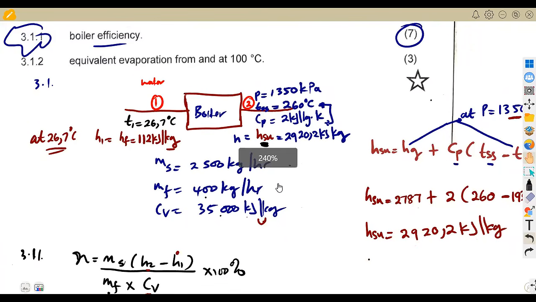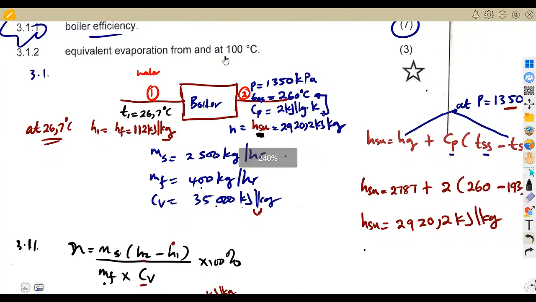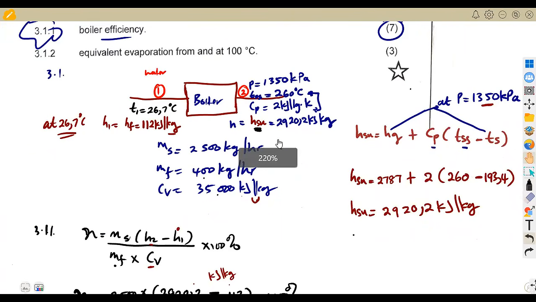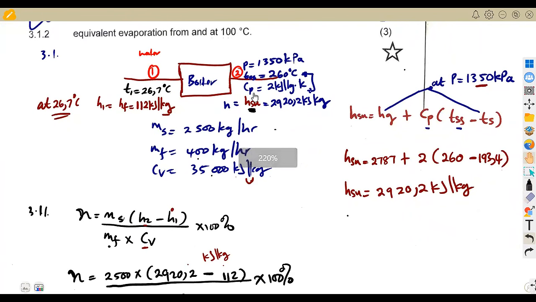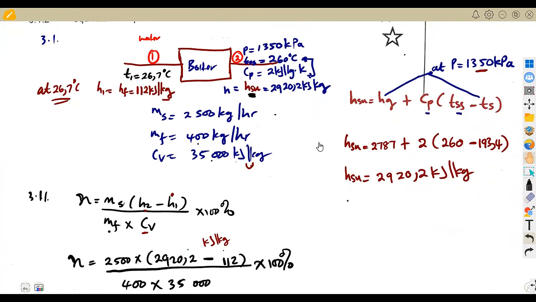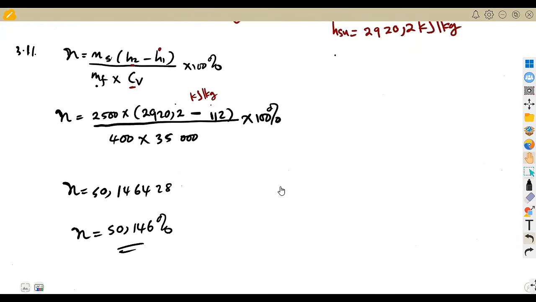Then we've got the equivalent evaporation at 100 degrees Celsius. Remember, I said this, the equivalent evaporation is calculated at 100 degrees Celsius. All right. So also we've got the formula for the equivalent evaporation from your formula sheet. So this one, I'm not going to waste much time.